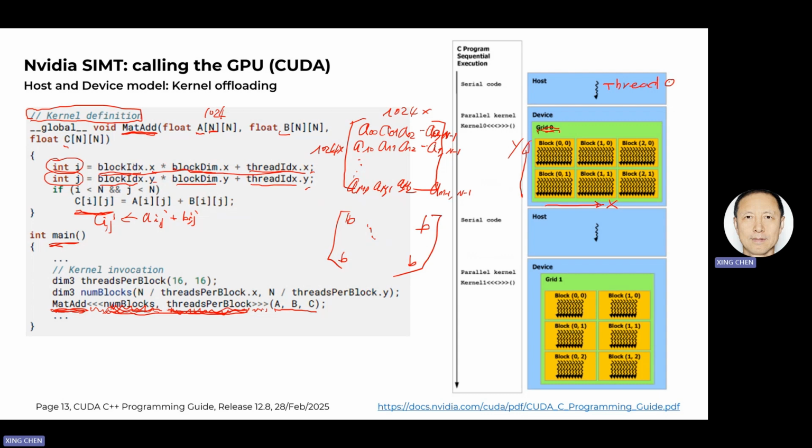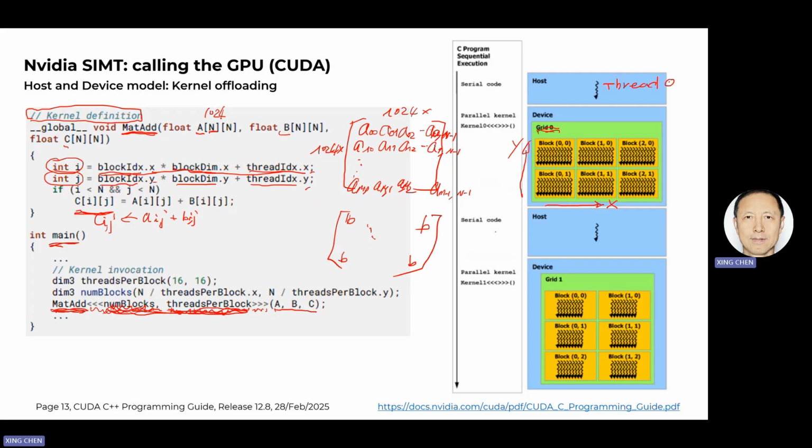Just remember that when you are calling the kernel function, after you have passed these parameters to this kernel function call, each thread is going to have its block position, which block it belongs to, and what the thread position is within a particular block.